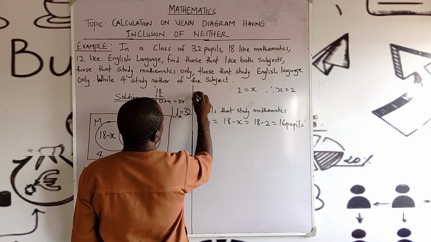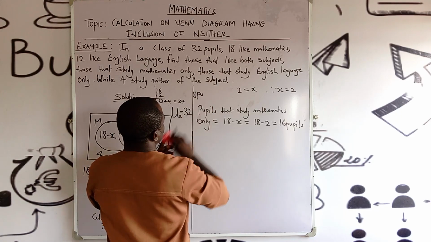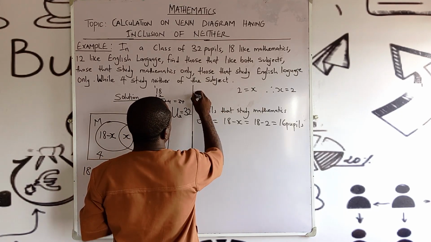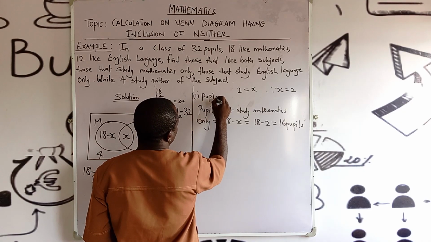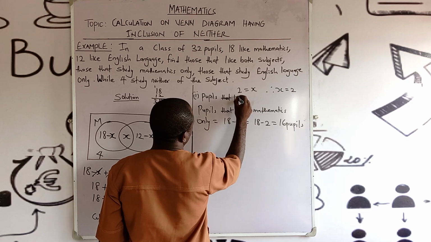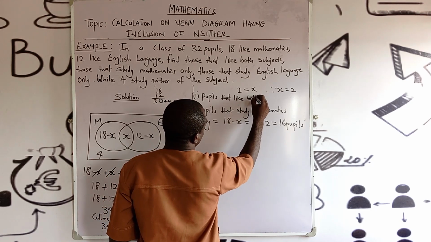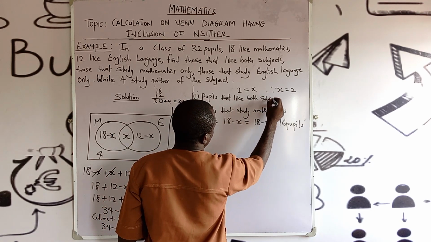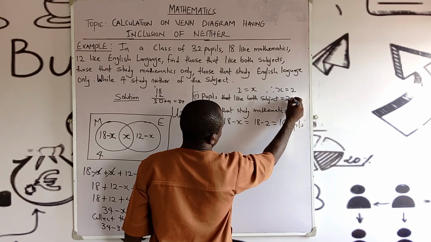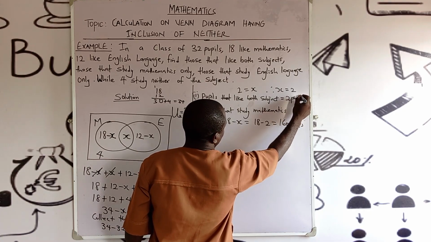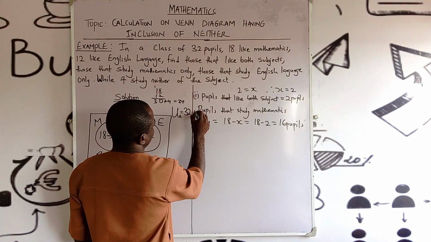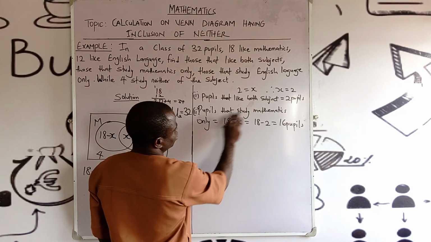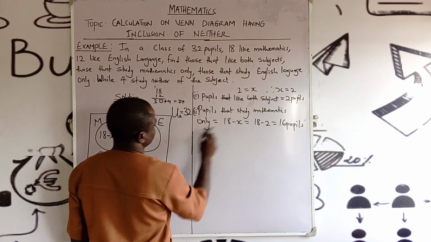Roman figure 1: pupils that like both subjects equals 2 pupils. You can see it's 2. Roman figure 2: pupils that study mathematics only, 16 pupils.